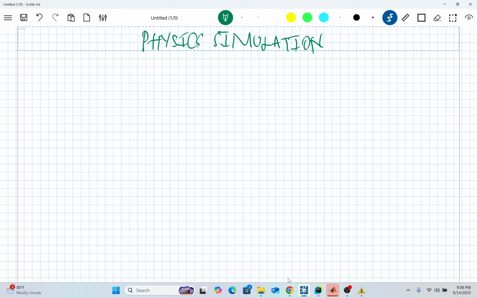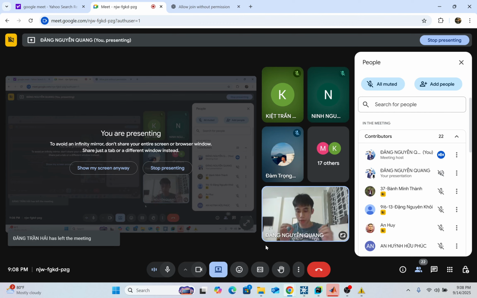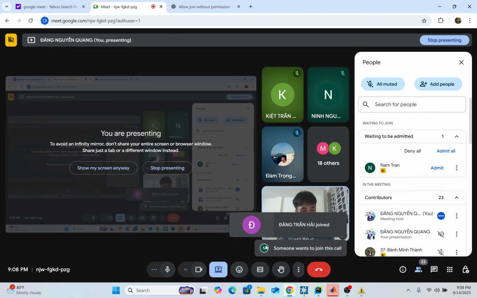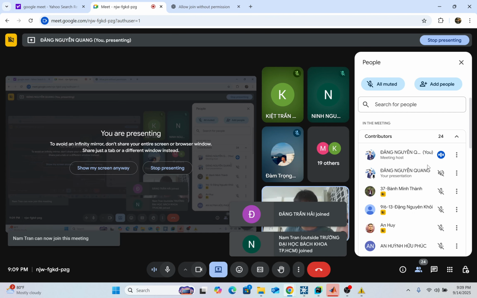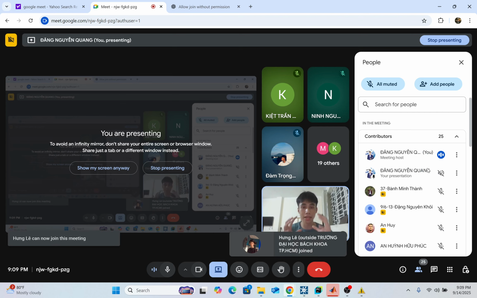So what is physics simulation? It's basically you simulate the physics on a computer, because when you are observing a physics phenomenon, you cannot observe all of it in real life, and also you have to idealize the condition, because in real life a physics phenomenon can be affected by thousands of things that you cannot control.